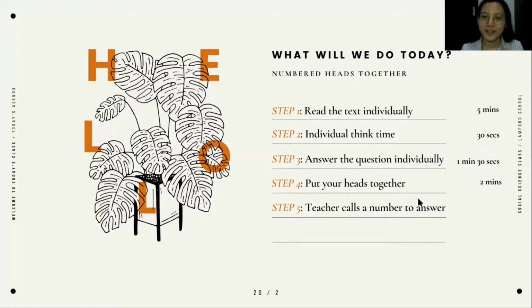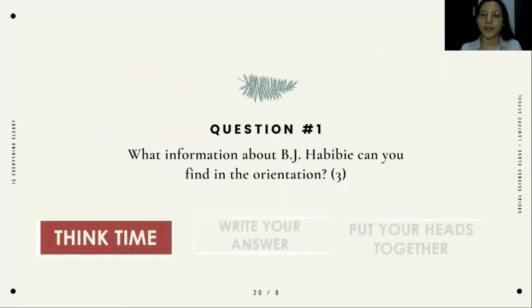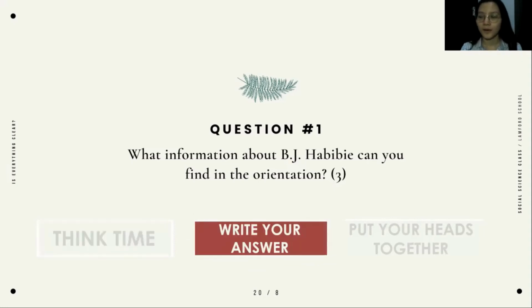I will present the first question in 3, 2, 1. First question: what information about PTIPP can you find in the orientation? Mention 3. Okay, so now it's think time. All right, write down your answers.